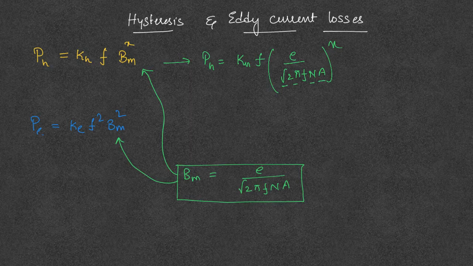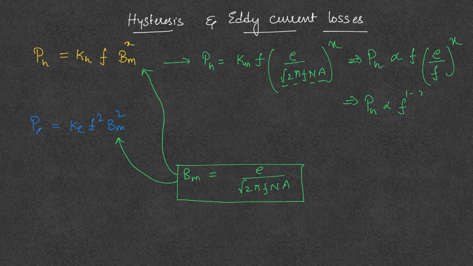So you can write that the hysteresis losses are proportional to the frequency and the voltage by frequency to the power x. So this will be PH proportional to F to the power 1 minus x into E to the power x. So this is how the hysteresis losses will depend on the frequency and the voltage of the supply.